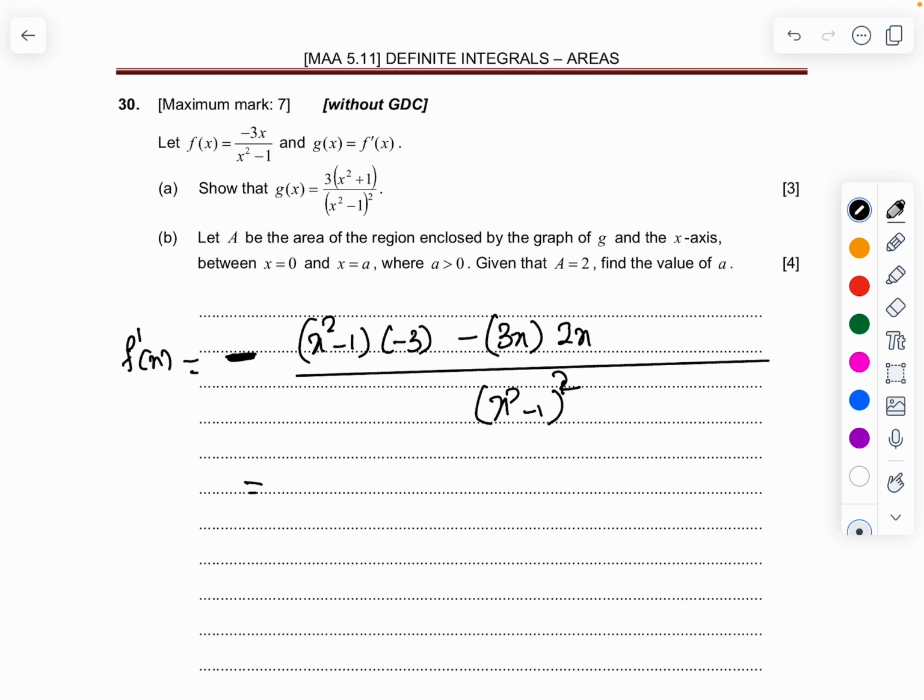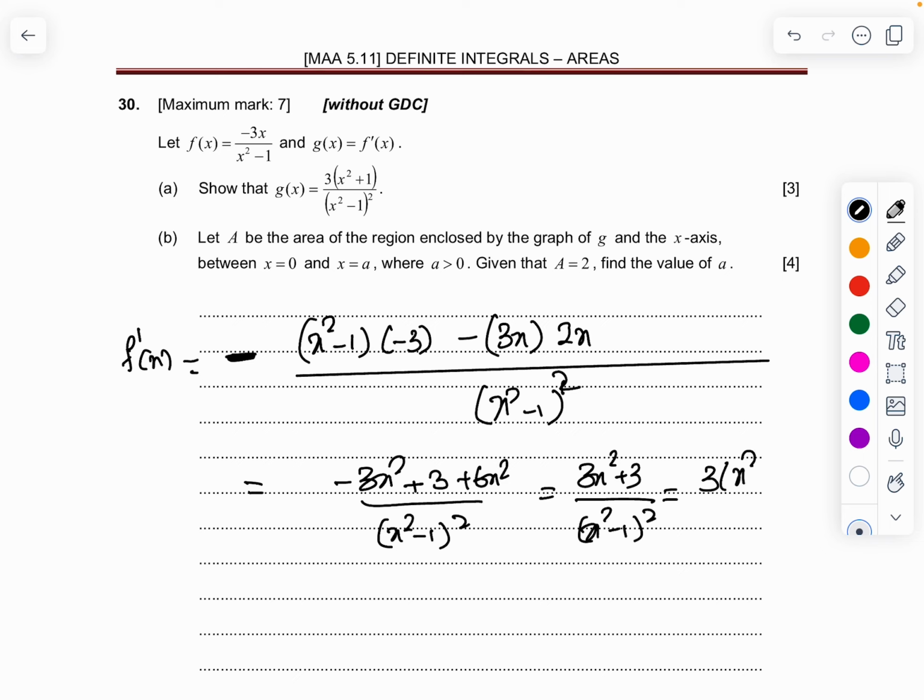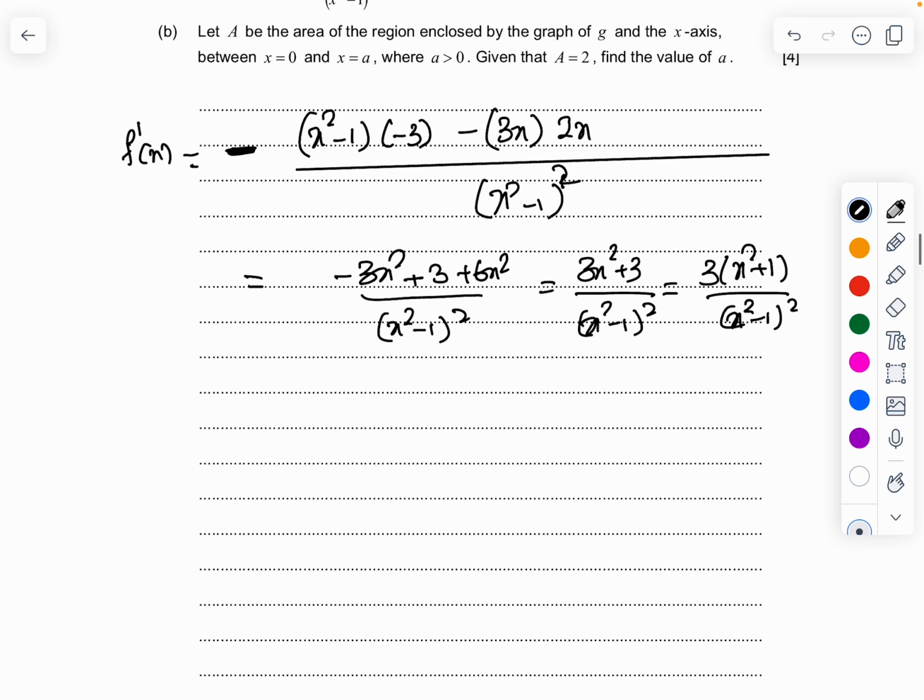So what am I going to get? Negative 3x squared plus 3 plus 6x squared upon x squared minus 1 whole squared, which is 3x squared plus 3 divided by x squared minus 1 whole squared, which is 3 times x squared plus 1 divided by x squared minus 1 whole squared.